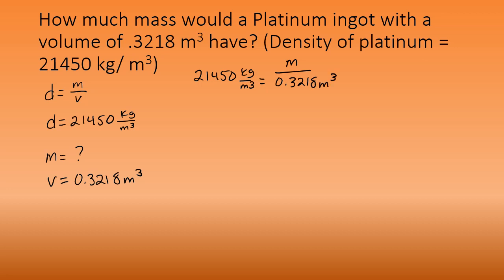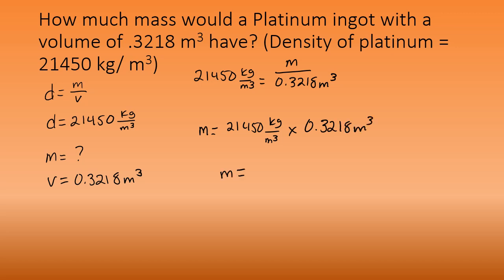We've already seen how we'll multiply both sides by the 0.3218, and so therefore our expression for mass becomes 21,450 kilograms per meter cubed times 0.3218 meters cubed.